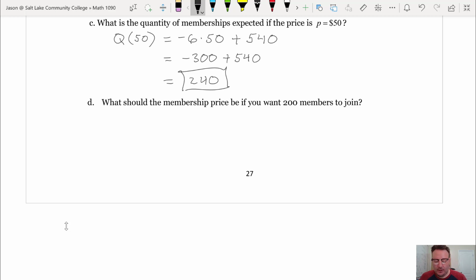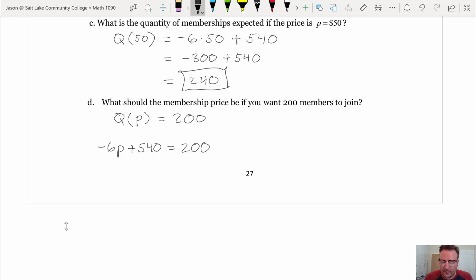Part D. What should the membership price be if you want 200 members to join? So we know the output is 200. What we want to do is set our function Q as a function of P equal to that value, 200, and solve for P. We're going to replace Q of P with the expression for the function, -6P plus 540 equals 200.